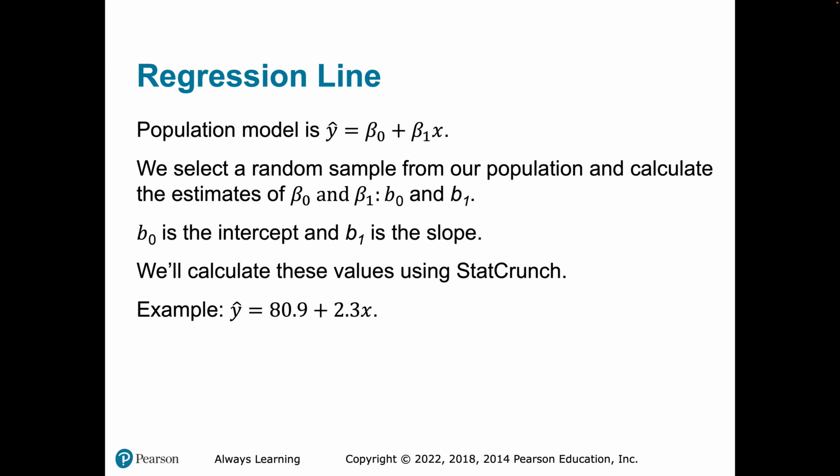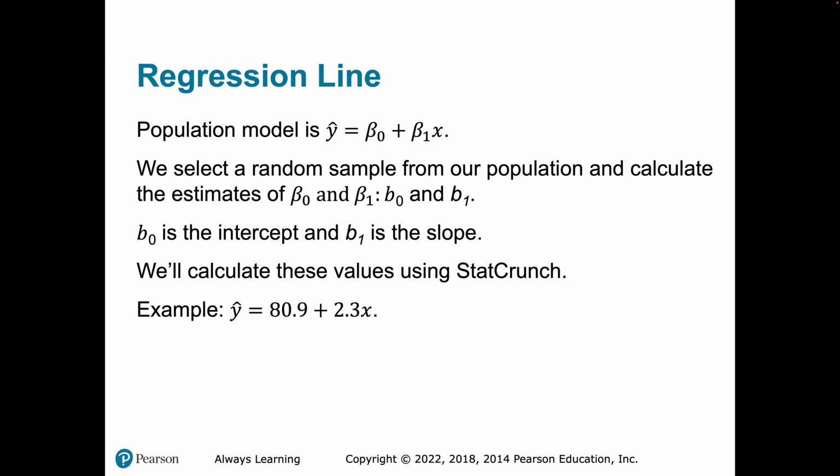B1, the slope for our sample, estimates beta 1. Now, we're going to get into this a lot more in lesson number 7. For right now, I guess I want to be able to crawl, and we'll run a marathon in lesson 7. Beta 0 is the intercept, and beta 1 is the slope. And again, we'll calculate these values using StatCrunch.